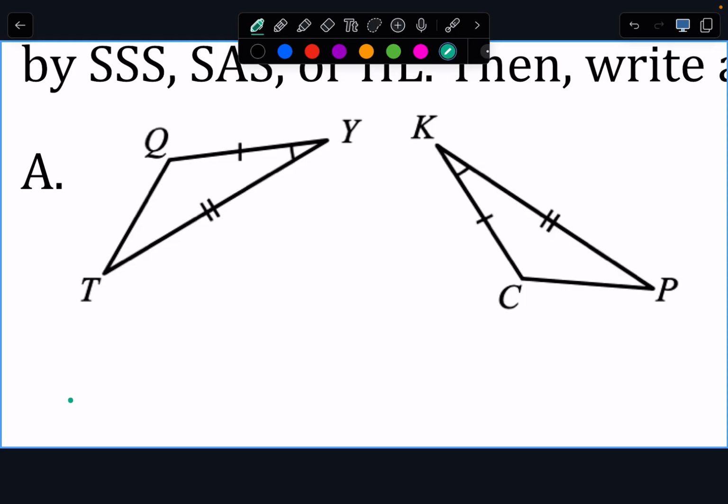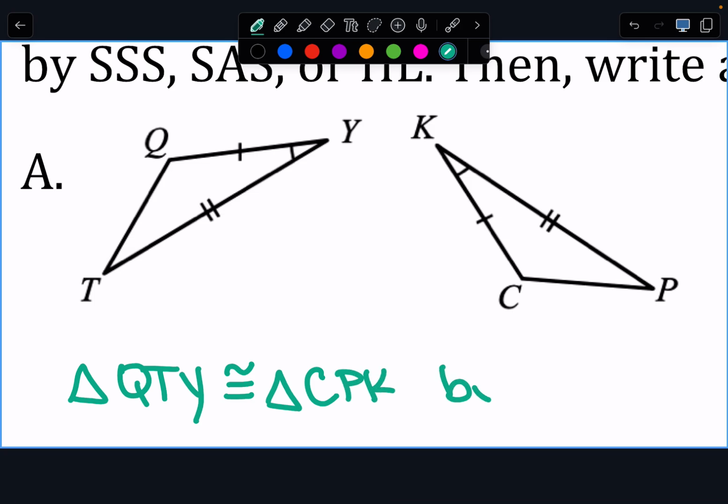So, I'm going to say that triangle QTY is congruent to triangle CPK. And how do we know that these 2 are congruent? Side, angle, side.